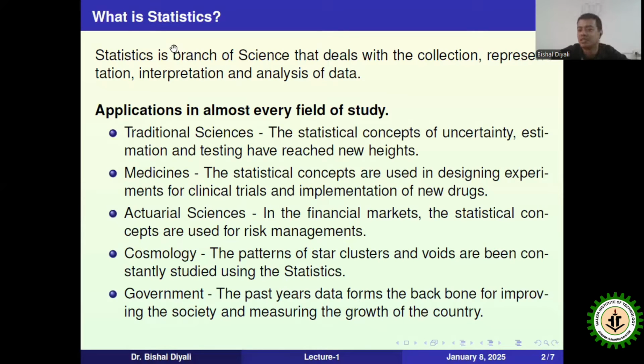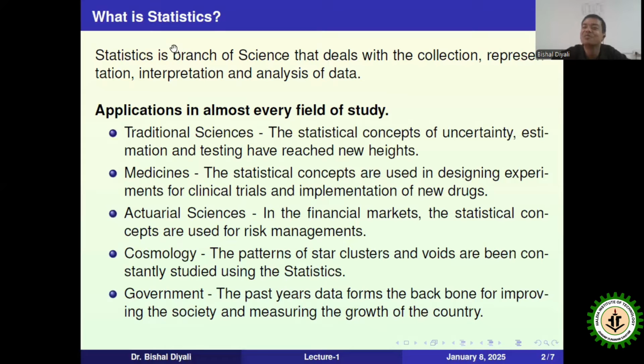If you talk about actuarial sciences, insurance markets, financial markets, health markets, the companies who are giving insurances, life insurances, health insurances, accidental insurances, they are selling those insurances based on their analysis of risk. They know what are their risks and what are their gains.